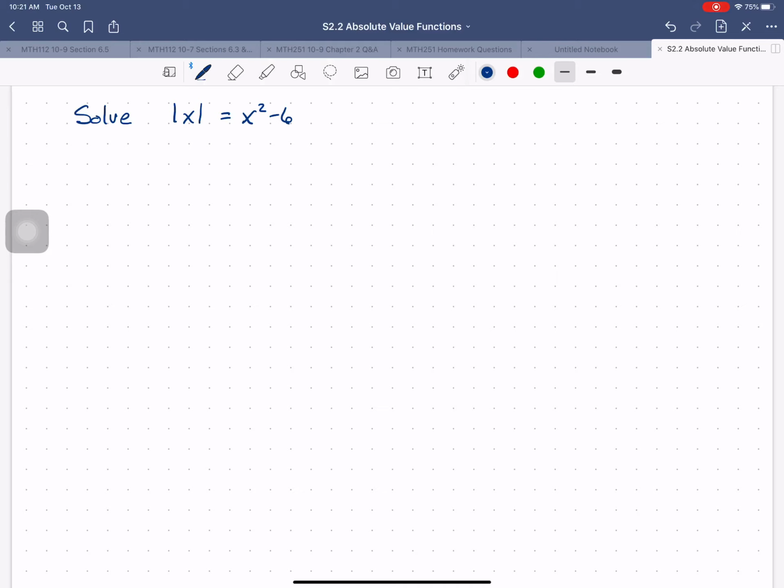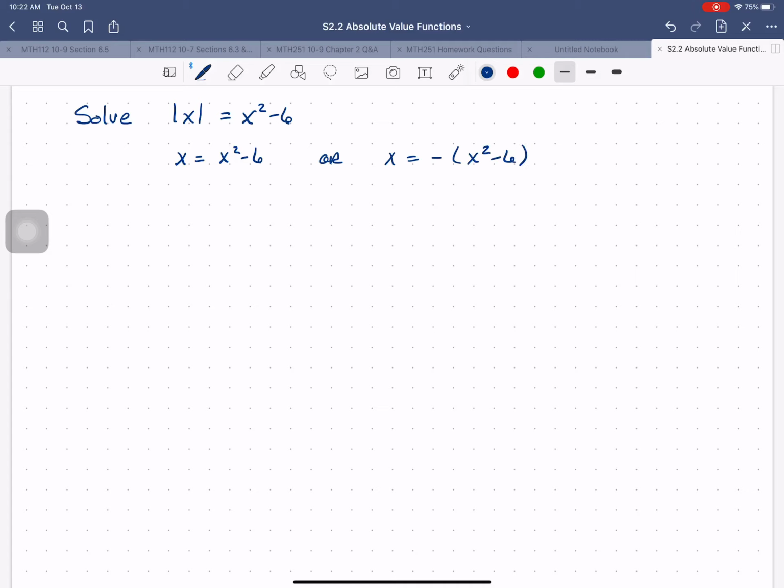It's not that bad. We've got an absolute value equals something. Okay, we don't know for sure that that's a positive number, but we can handle this. What this means is x equals x squared minus 6, or x equals the opposite of x squared minus 6.